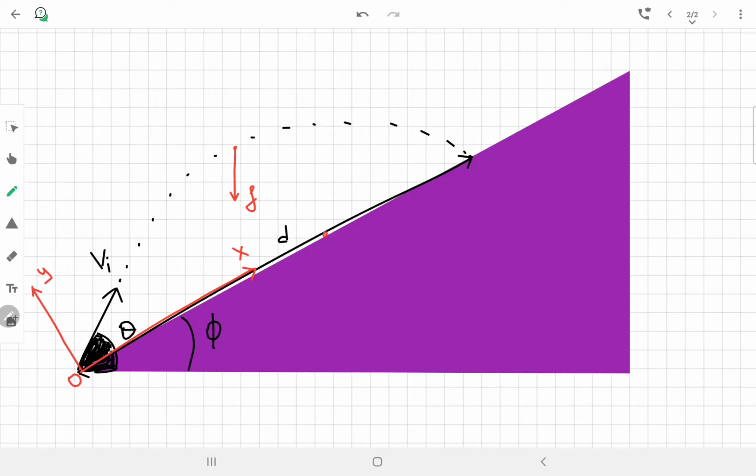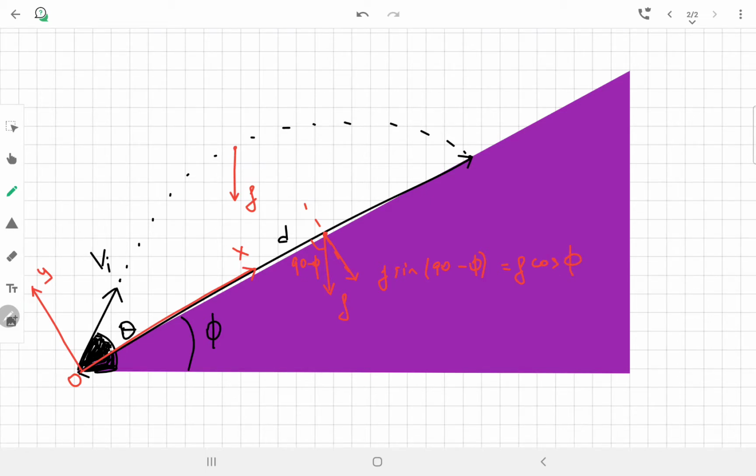It will be better to draw it here, and this part will be 90 minus phi. So the vertical component will be g times sine of (90 minus phi), which is g times cosine phi.